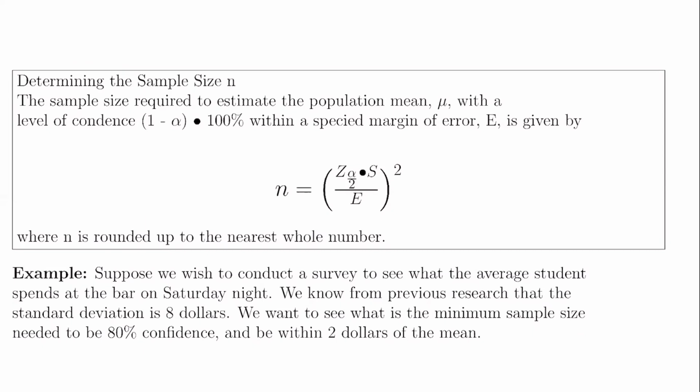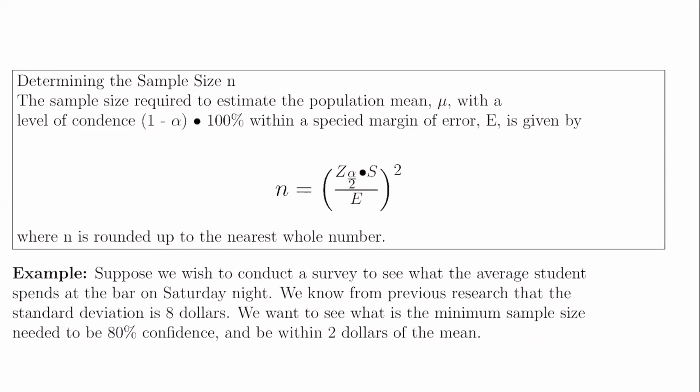Cool. All right, and also just in case you're wondering why we're using the Z value. If you remember for the T distribution, in order to find the T value, you have to find degrees of freedom, and the way you find degrees of freedom is n minus 1.